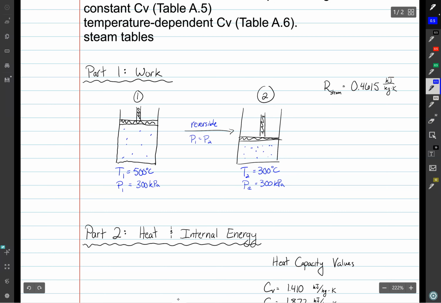To calculate the work for this reversible process, we're going to be using our equation for calculating work for reversible processes. That's the integral from state 1 to state 2 of P d specific volume. Because pressure is constant, we can pop it out of the integral, and we get that the work is equal to pressure times the change in specific volume.